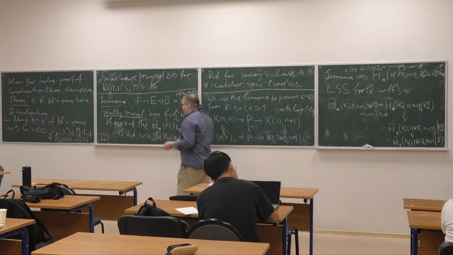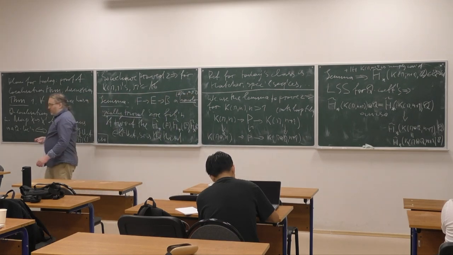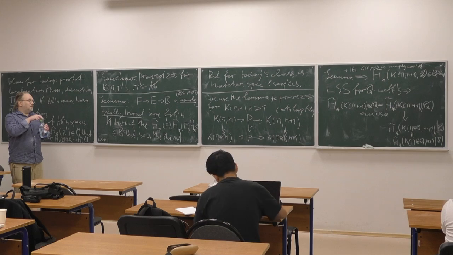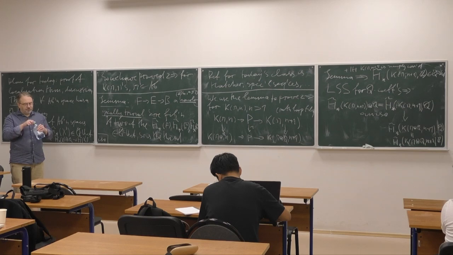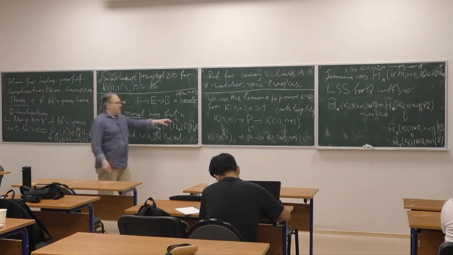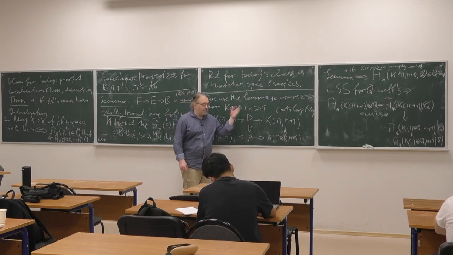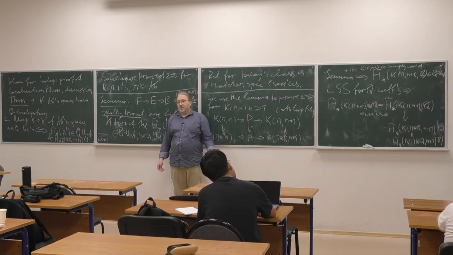We know that for 2 of those, basically for the fiber and the total space, we have isomorphisms with Q coefficients.